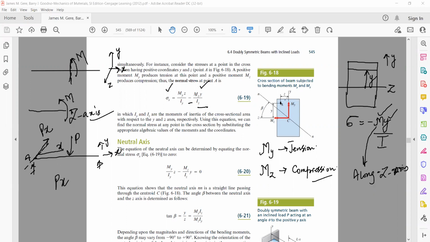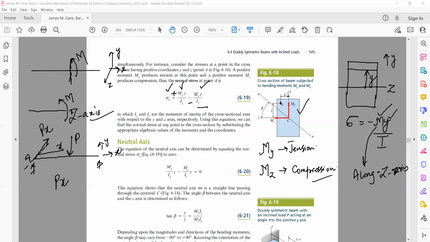Okay. Now what will be the stress because of the bending moment My? It is like your beam axis has now changed. The stress because of My at point A will be positive because it's tensile. So we are writing this as positive. The bending moment is My, along the y-axis.